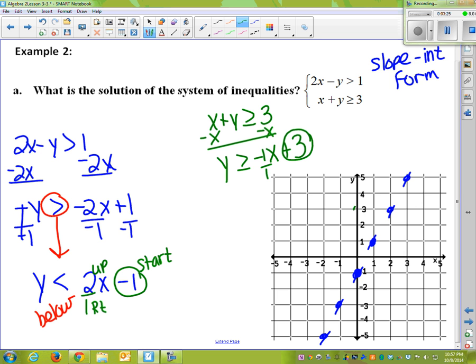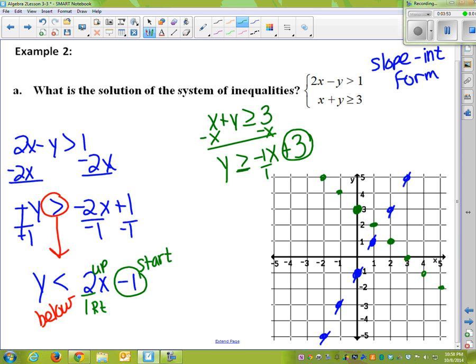Plot your first point, and then the slope, which is the directions to get to the second point, tells me to go down 1 and to the right. The negative tells me to go down, and then the bottom number is positive, so I go to the right. I could also go up and to the left.